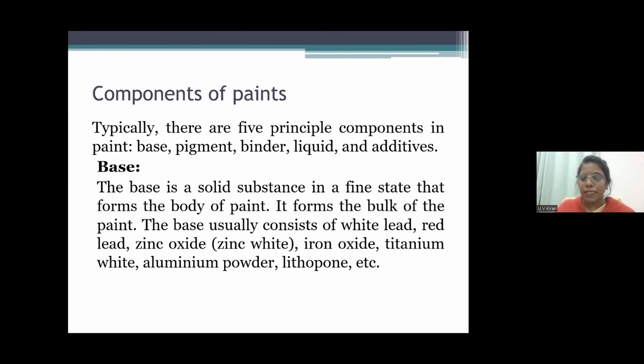It forms the bulk, and it usually consists of lead, red lead, zinc oxide, iron oxide, titanium white, aluminium powder, lithopone. All these components are quite dangerous. There are many carcinogenic substances in it. And when they are inhaled directly by the painting workers, it may lead to many health ailments, ranging from smaller illnesses like cough to cancer.